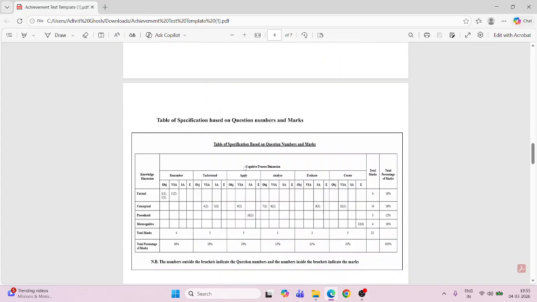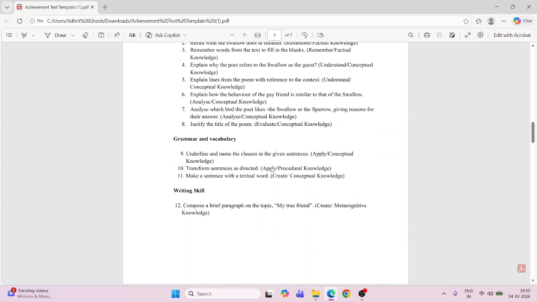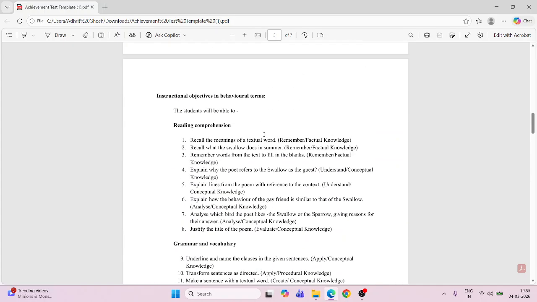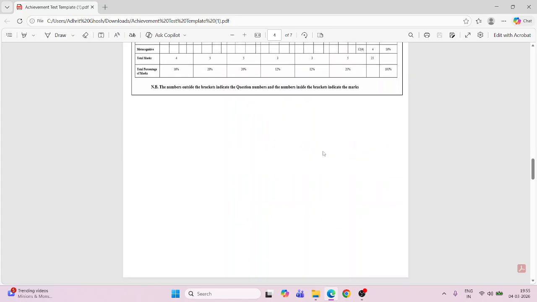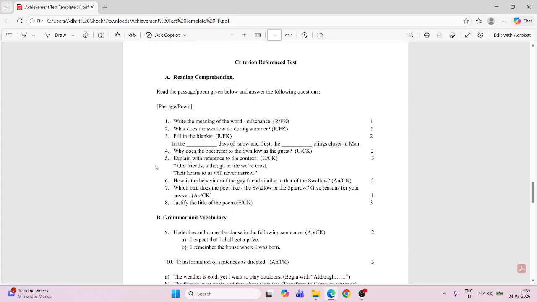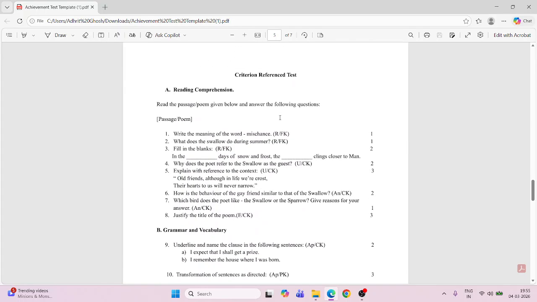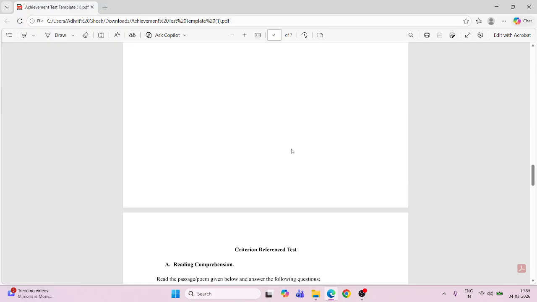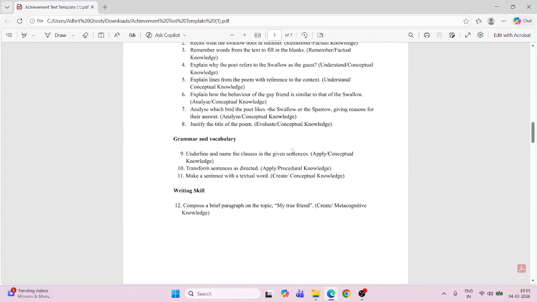For example, if you write here, write the meaning of the word mischance, over here you can write simultaneously, recall the meanings of textual words. This way you can construct the question and the related objective simultaneously. That helps you maintain your order in an organized way.